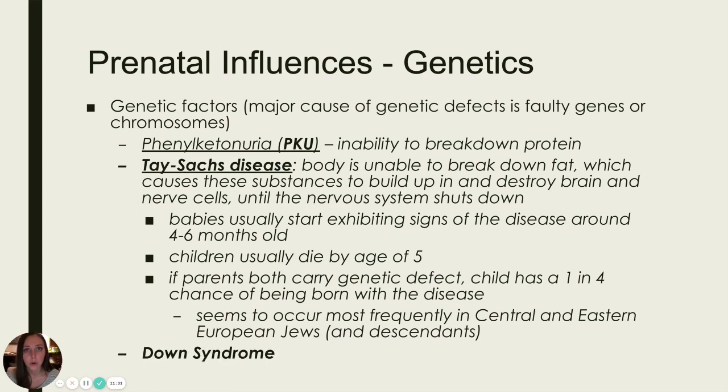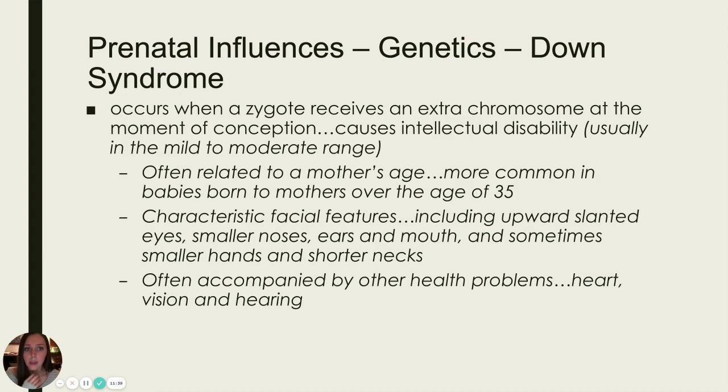Down syndrome is also one that has a genetic influence. So when we're looking specifically at Down syndrome, this occurs when the zygote receives an extra chromosome from the moment of conception. So we said that they have 23. It's an equal pair from the mother and father. So in this case, they would receive an extra.